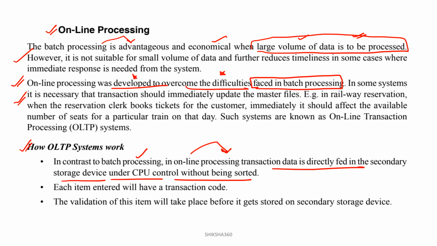So how does the OLTP system work? In contrast to batch processing, in online processing, transaction data is directly fed into the secondary storage devices under the CPU control without being sorted. Each item entered will have a transaction code.